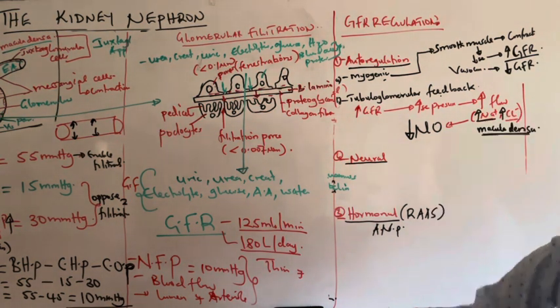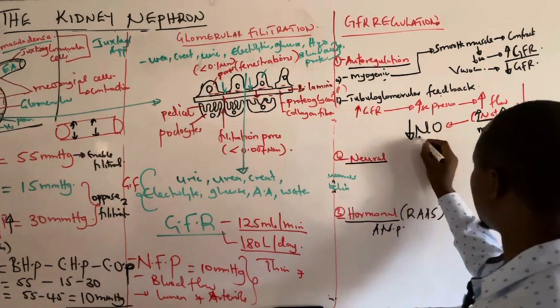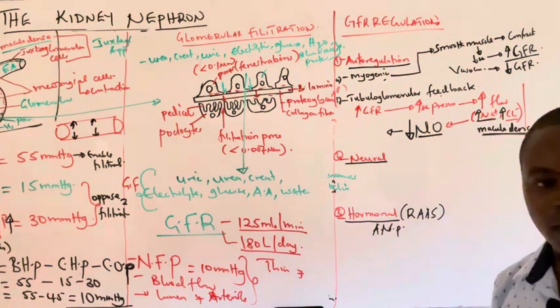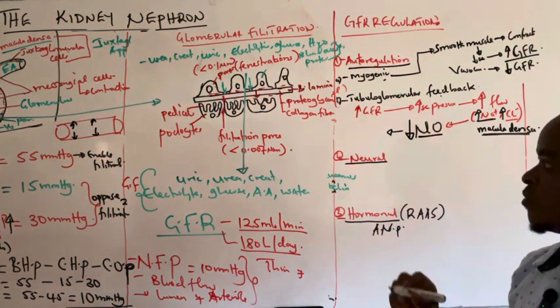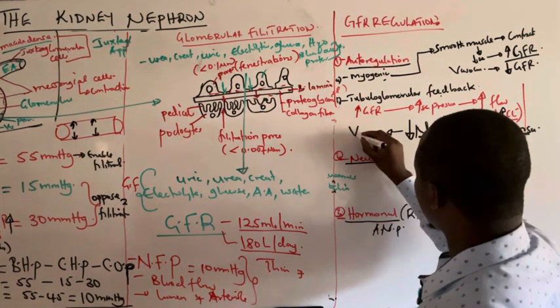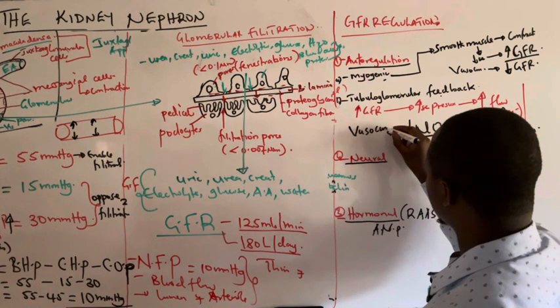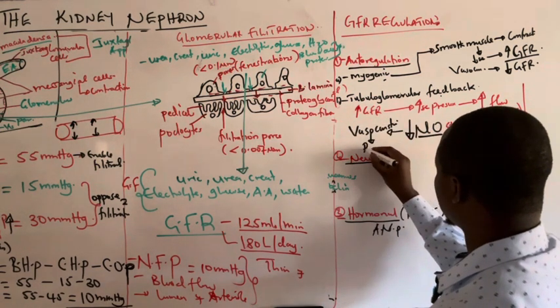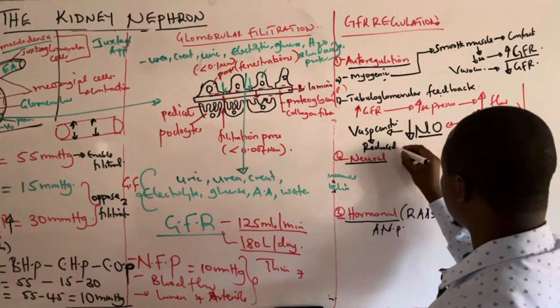So when we reduce production of nitric oxide, a strong vasodilator, the vessels begin to constrict, and the vasoconstriction leads to decreased GFR.